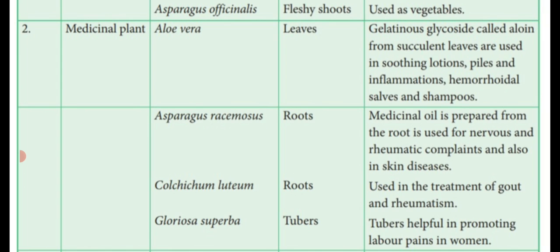Asparagus racemosus root: medicinal oils prepared from the root are used for nervous and rheumatic complaints and also in skin diseases. Colchicum luteum root is used for treatment of gout and rheumatism. Gloriosa superba, it is a tuber. Tuber is helpful in promoting labor pain in women.